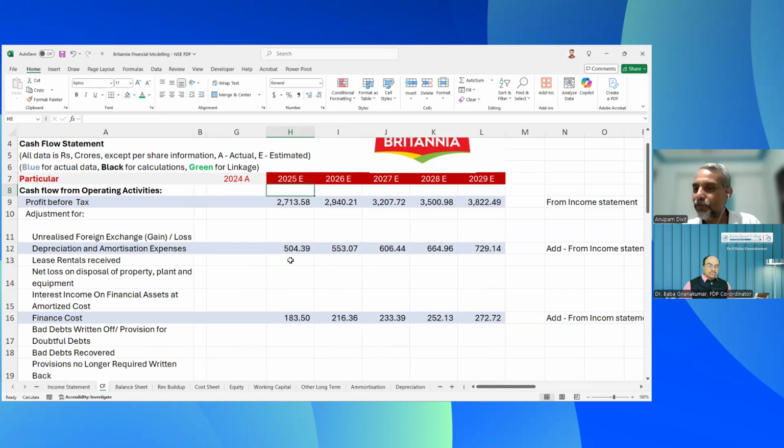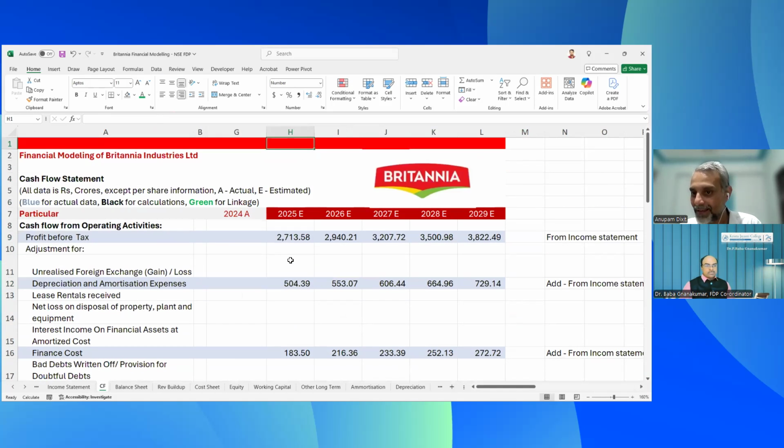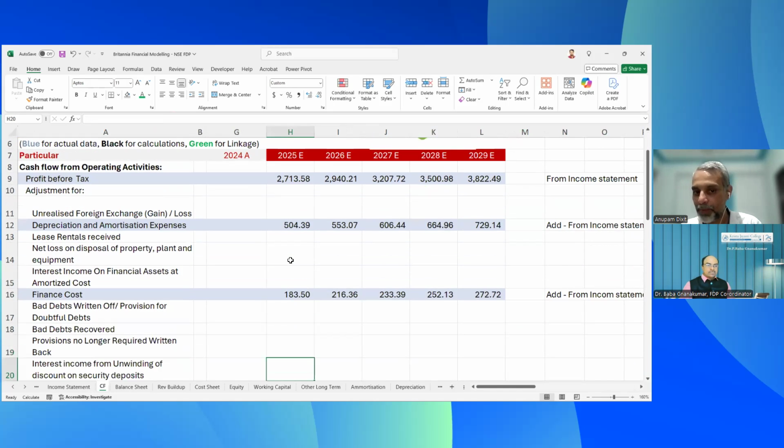So only a few items out of the company's published annual report are going to be put in our financial model. One is the profit before tax, then depreciation we add back, taking it from the income statement. Finance cost, which is the interest cost, we again add back in the cash flow from operations, right?